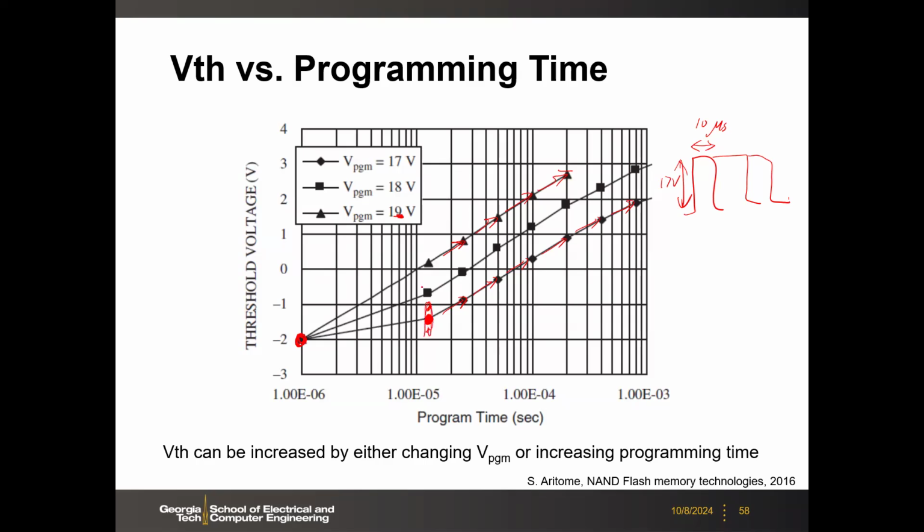That's why we have this distribution, right? Because we have multi-level, even TLC, QLC, we have to tighten the distribution. So you have to make it very precise because the margin is so small. You cannot have, let's say, 1 volt to 2 volt variation after programming. So you have to tighten it.